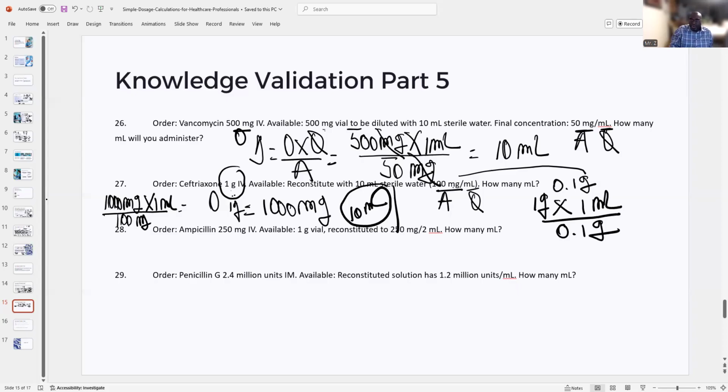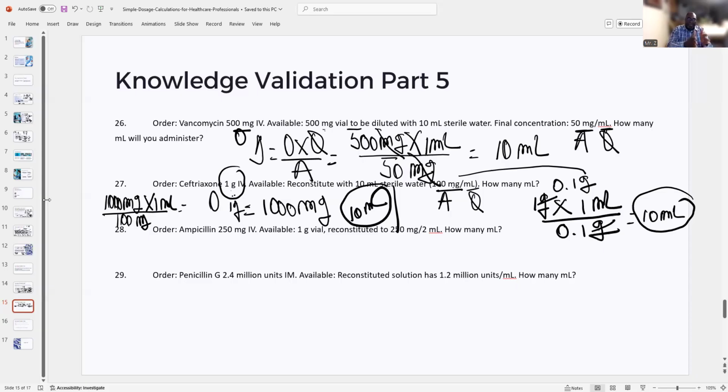Gram and gram cancel out. You'll have 1 divided by 0.1. The answer still will be 10 milliliters.